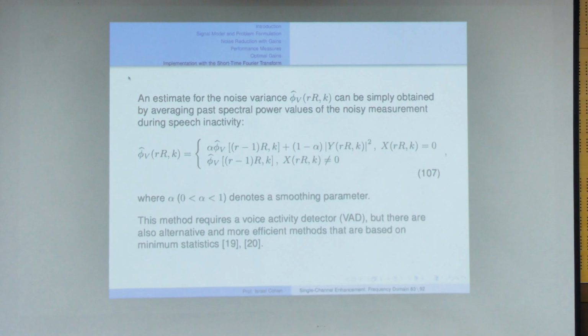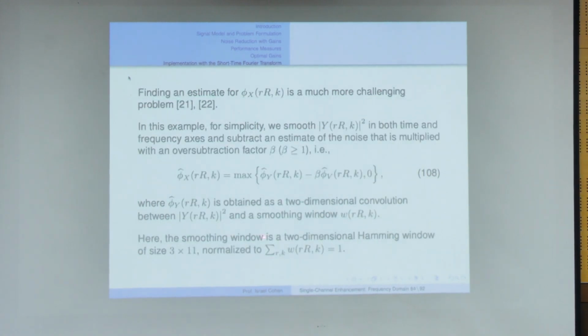So a simple way to do that is to take the variance of y and to subtract the variance of v.